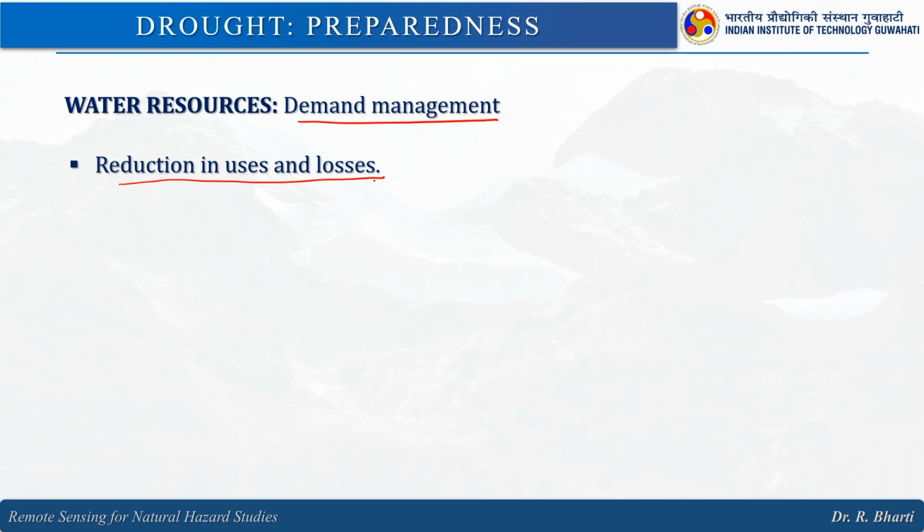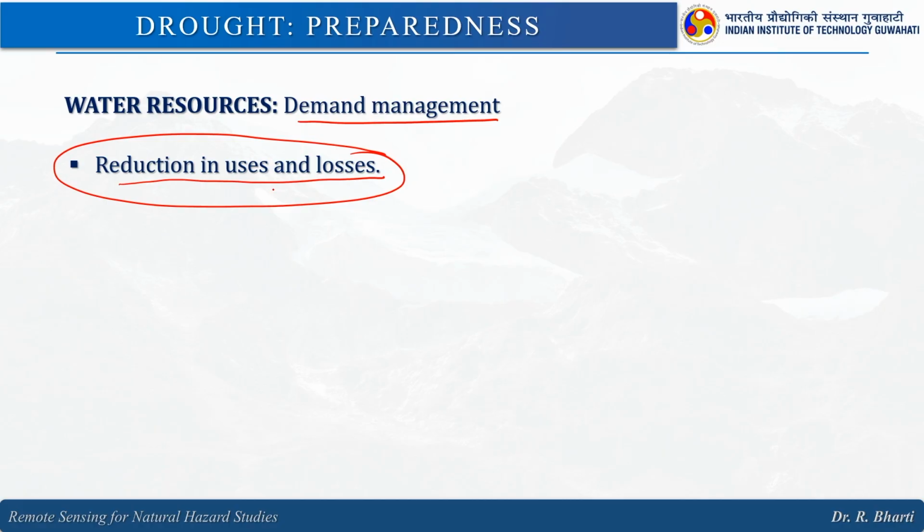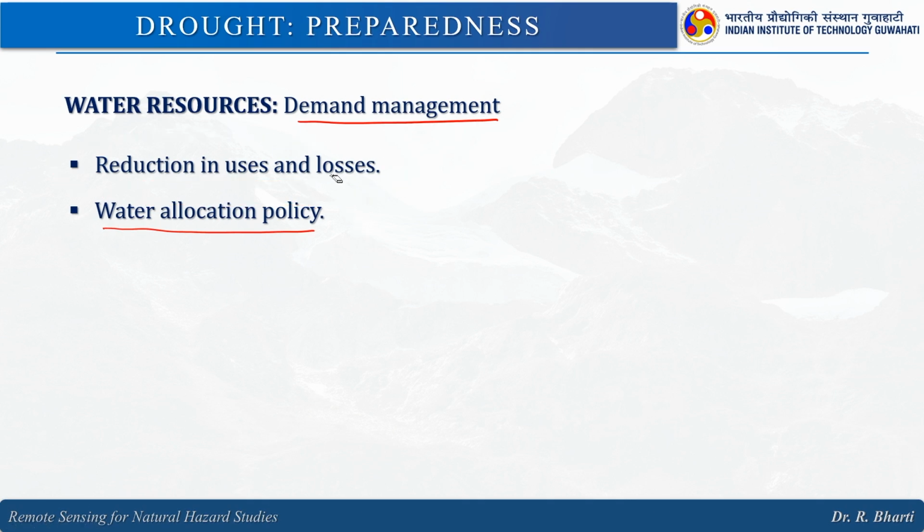Once we know that our area is about to receive a smaller amount of water, then we can restrict the people to use less water and save water. Water allocation policy: during the drought condition, maybe the industries which are using water that is not required or not in the primary list can be stopped for the time being, or less water can be supplied.